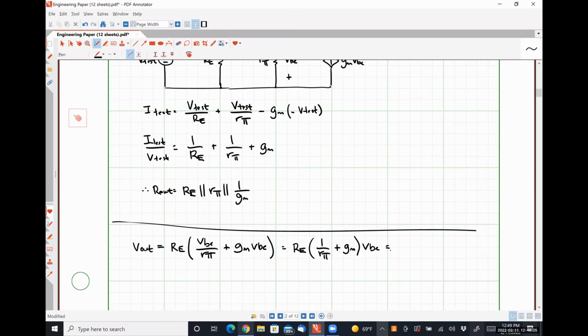And so I can rewrite this as RE GM, beta plus 1 over beta, times VBE.